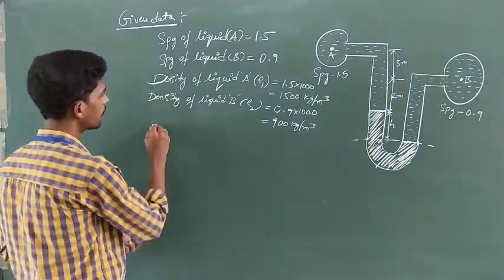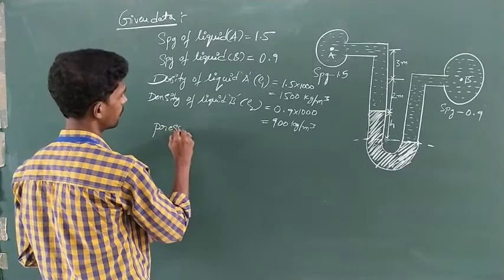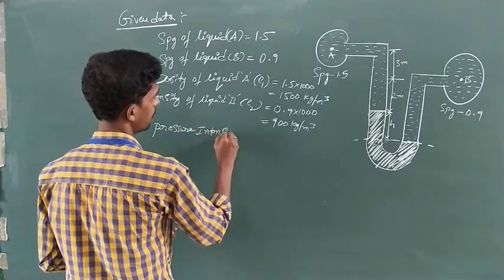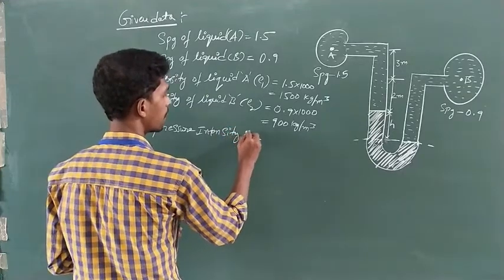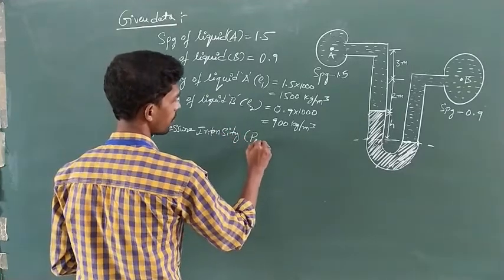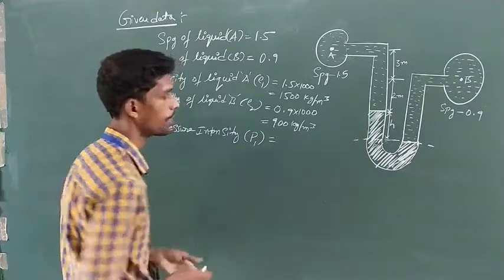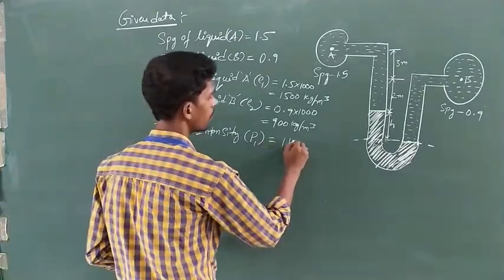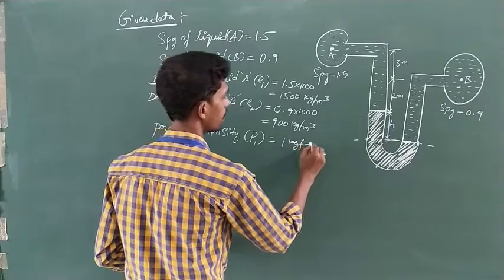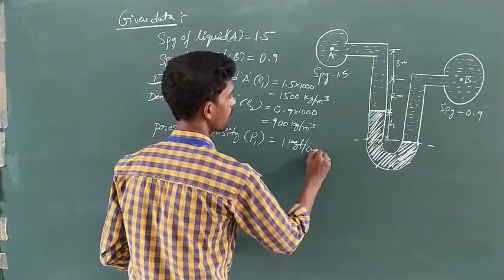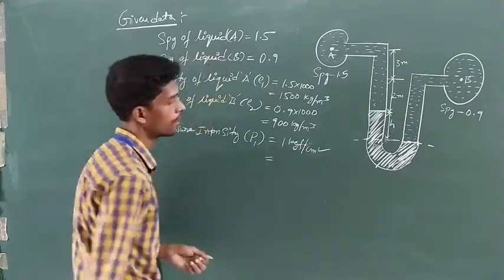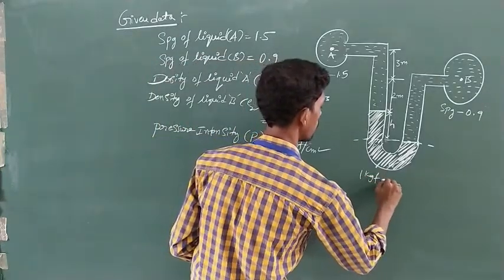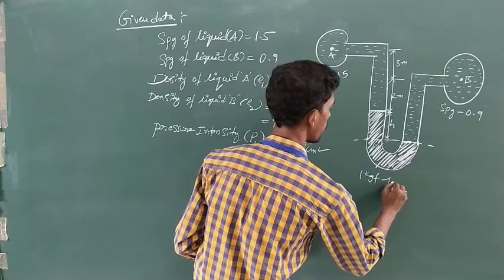Next, pressure intensity. Pressure intensity of liquid A, that means P1. Right? What about the pressure intensity there? 1 kgf per centimeter square. Here remember one relation. 1 kgf is equal to 9.8 Newton.